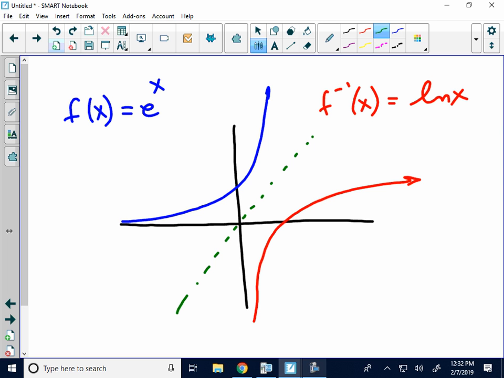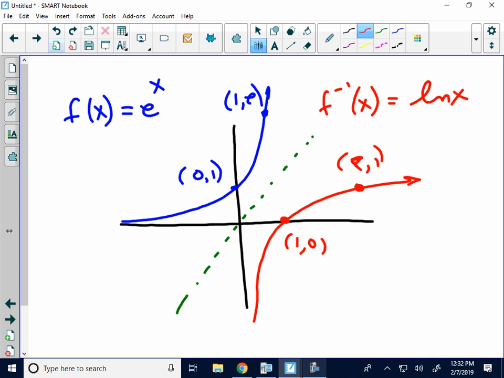And we have all these mirror image points. This is the ordered pair (0, 1). There's an ordered pair up here, which is (1, e). And likewise, on the log graph, there's the point (1, 0), and another point, which is (e, 1). So these are symmetric points about this line y equals x, or inverse points if you want.